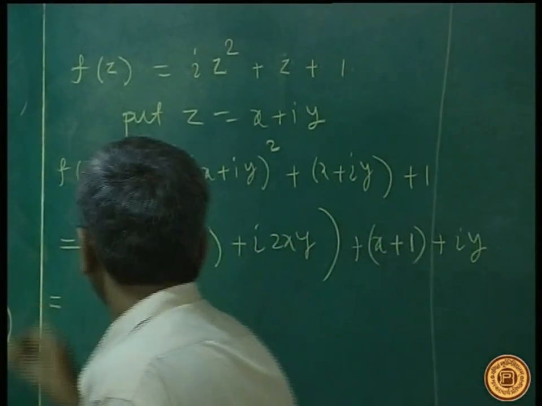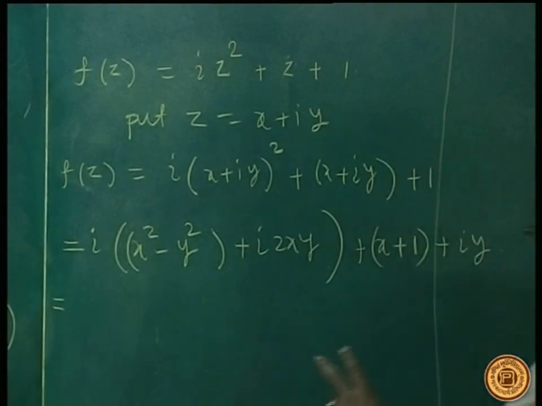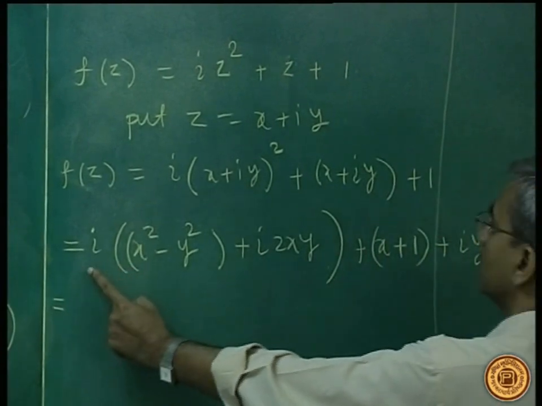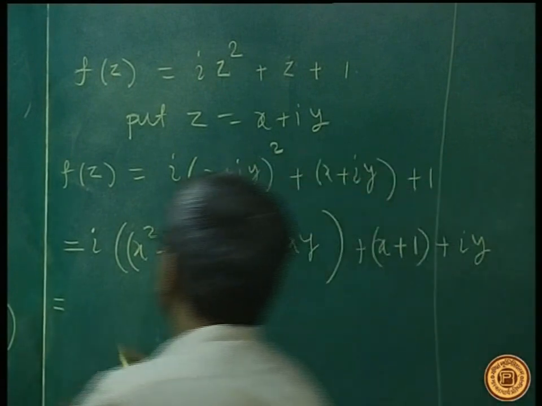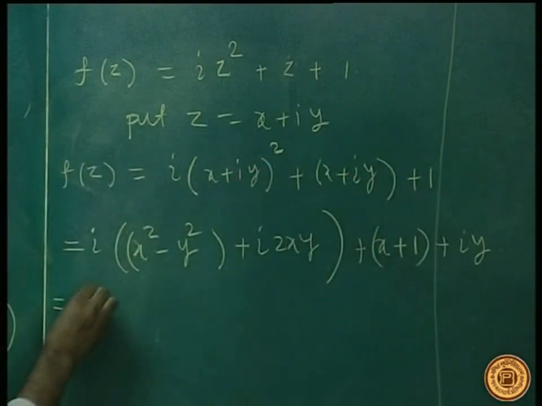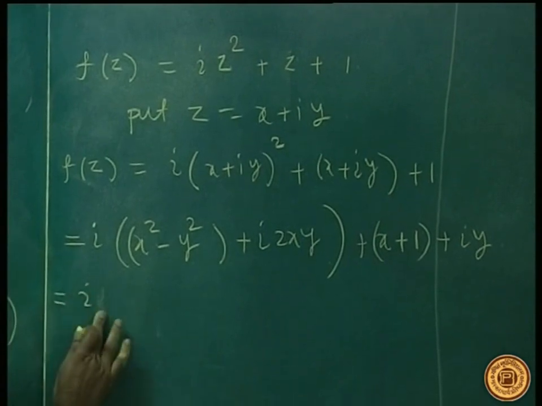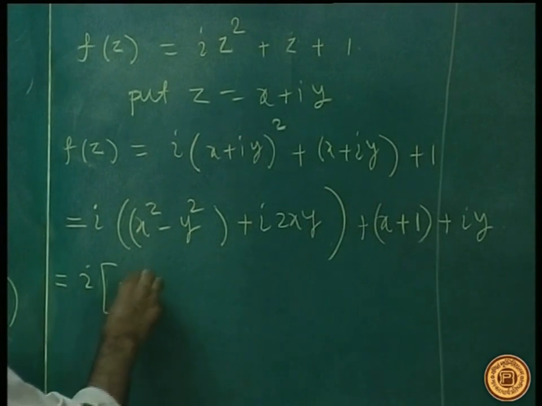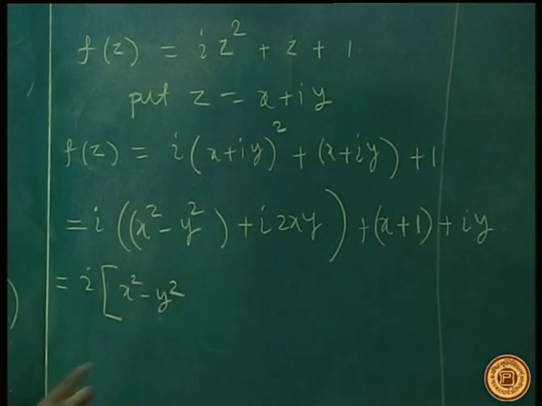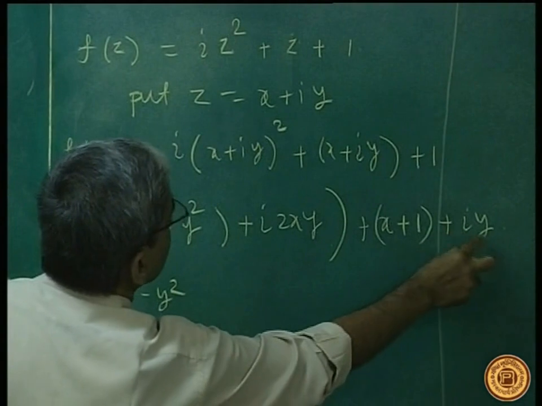So now I will take the real part. What is the real part? Take all the terms in i. So i times (x square minus y square) and plus i times 1.